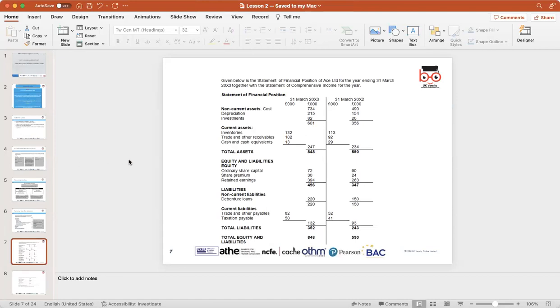Here is the statement of financial position, or balance sheet, of ACE Limited for the year ending 31st March 2023, with the statement of comprehensive income for the year. The statement of financial position shows non-current assets, current assets, total assets, then equity and liabilities, non-current liabilities, current liabilities, and total liabilities.